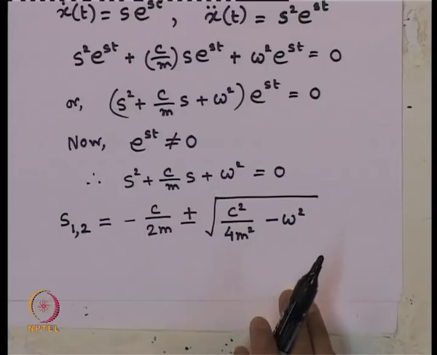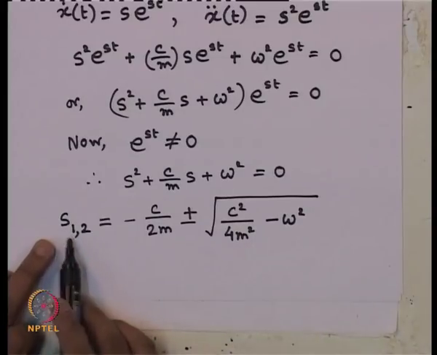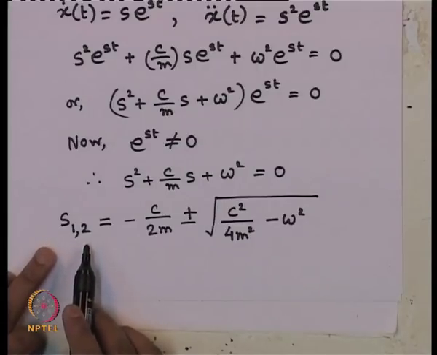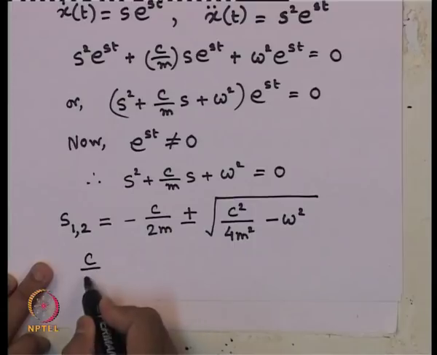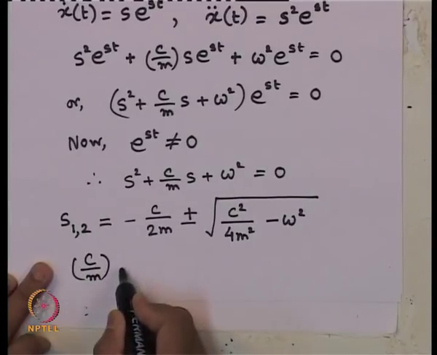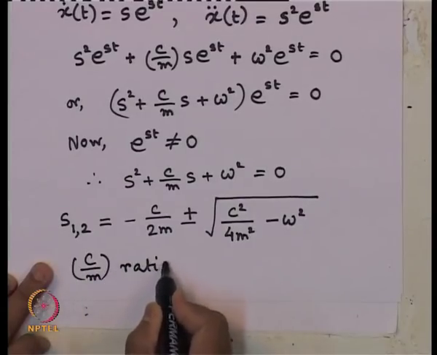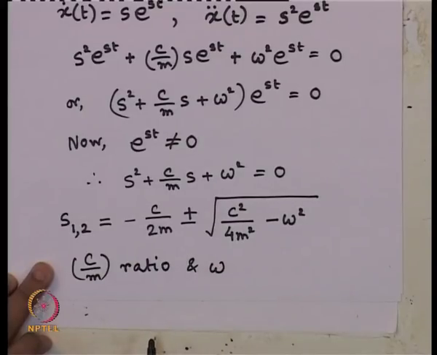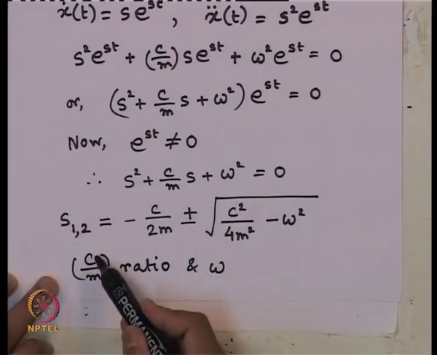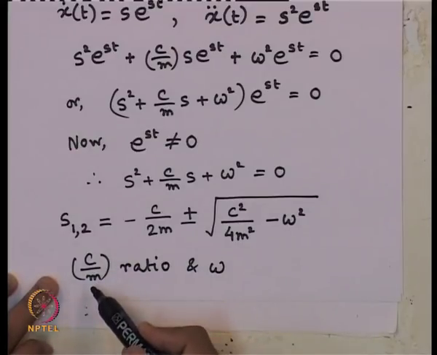Now, one thing, these roots s 1 or s 2 depend on the value of the ratio c by m and omega. So, these roots do not depend on the individual value of damping coefficient or the mass, but they depend on the ratio of the damping coefficient and mass.